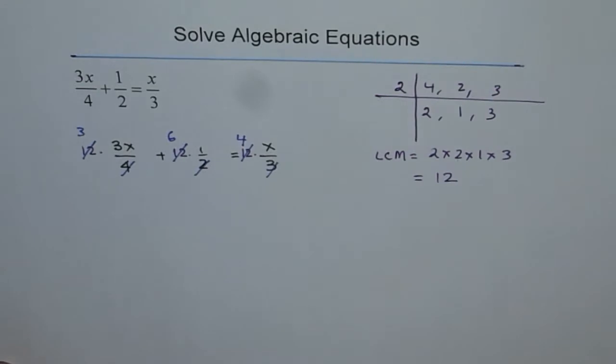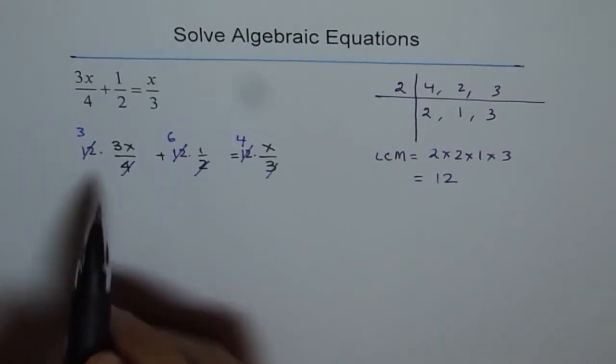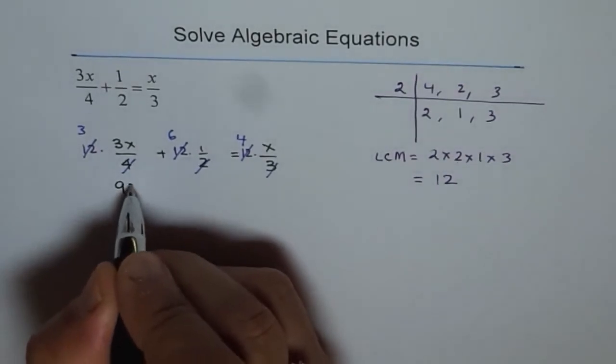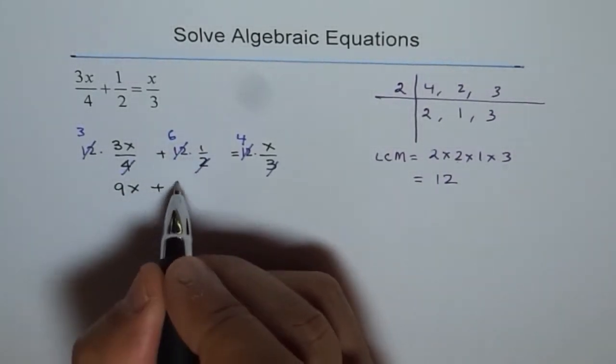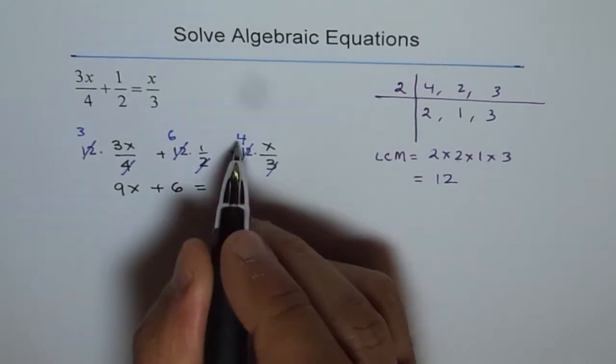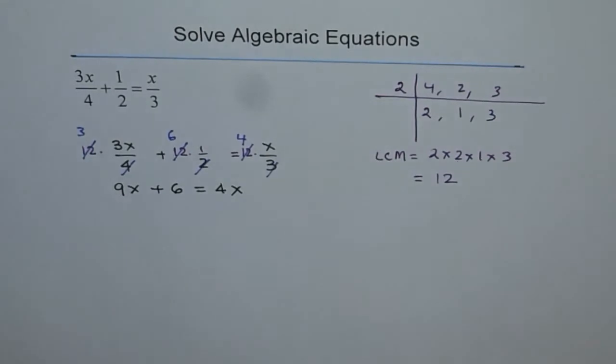So finally, we can write down our equation as 3 times 3x, which is 9x. And here we have 6 times 1, which is 6, equals 4x. Do you see? Our equation without any fraction. Wow, we just got rid of them all by one number, and that was the lowest common multiple, 12, right?